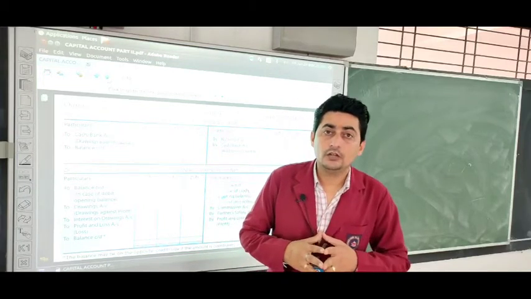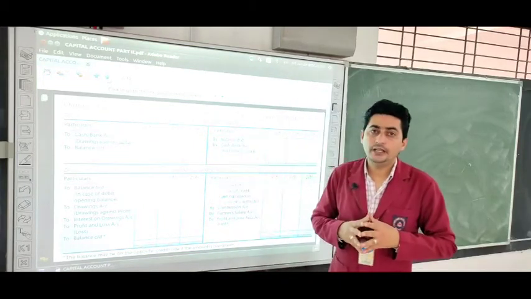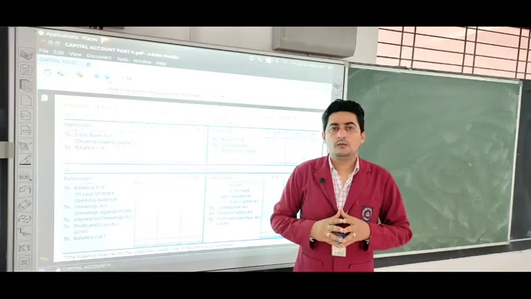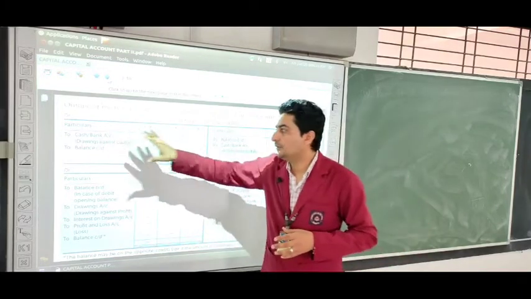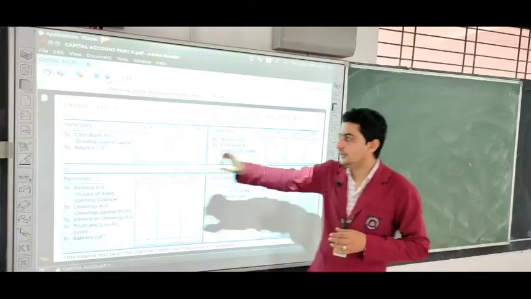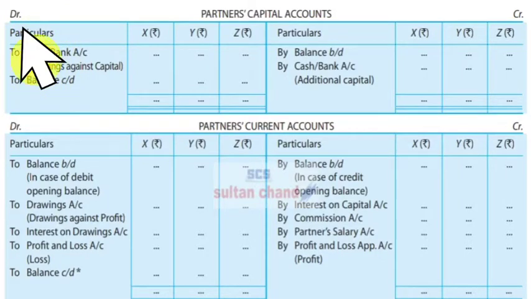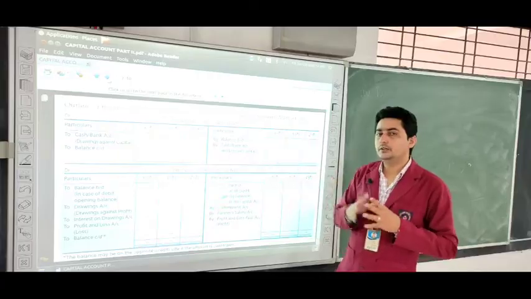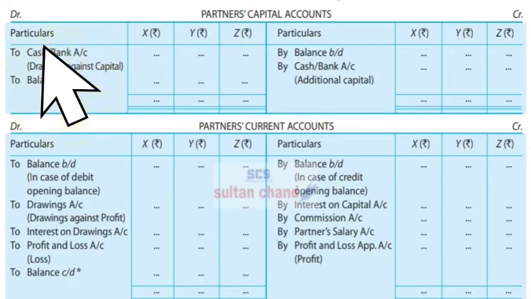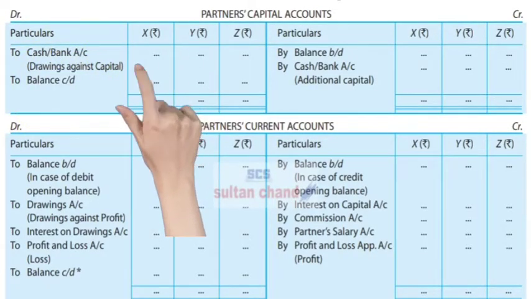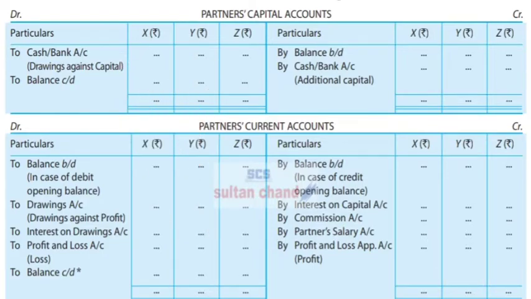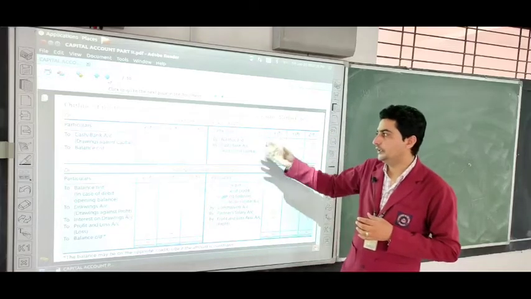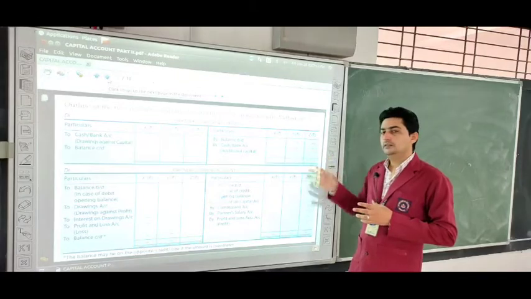Now let us talk about fixed capital account method, how it is prepared. First of all, see the format. There are two sides, debit side and credit side. In the format, the particulars column is there, then according to the number of partners, each partner has a separate column, X, Y, Z, then again particulars, then again three partners.